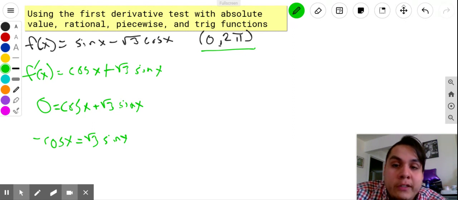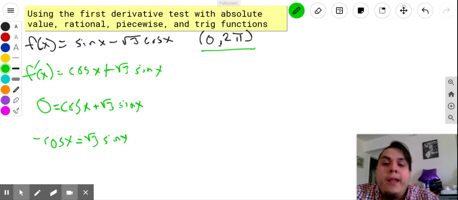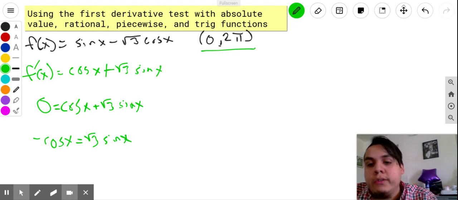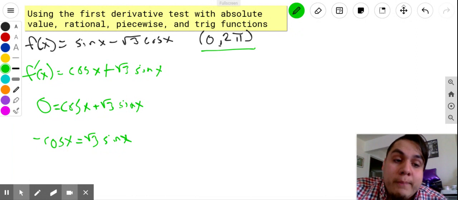So I'm going to dig into my bag of tricks when it comes to trig, and I'm going to divide everything by cosine.